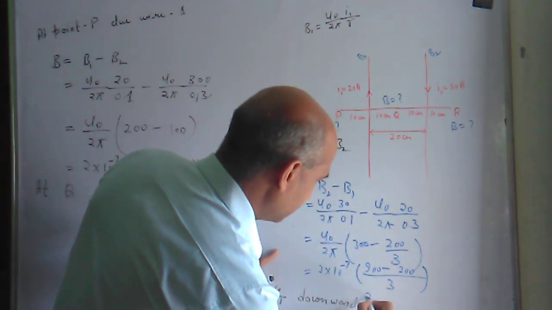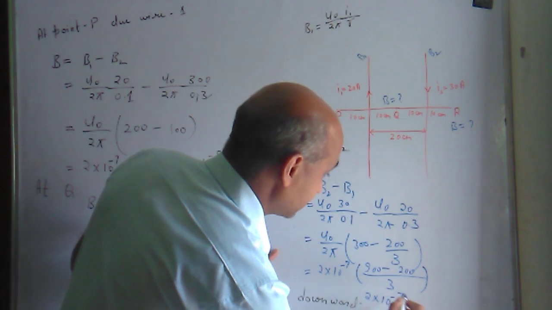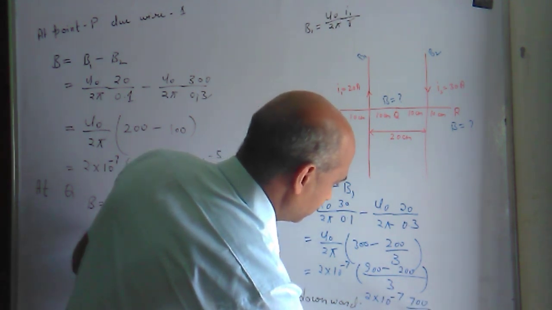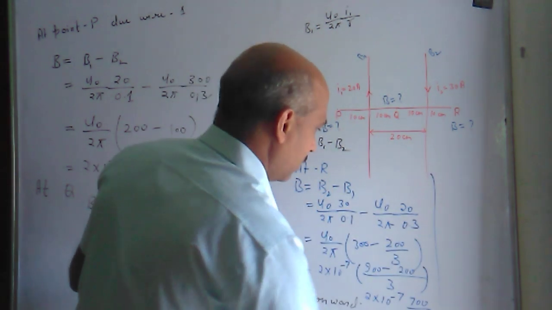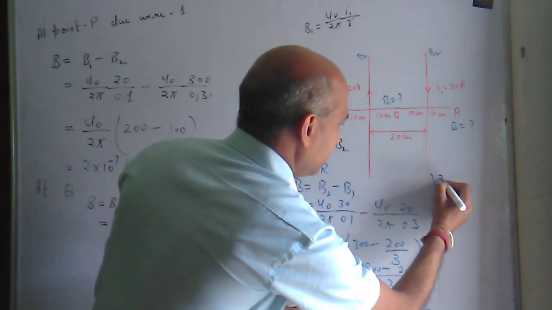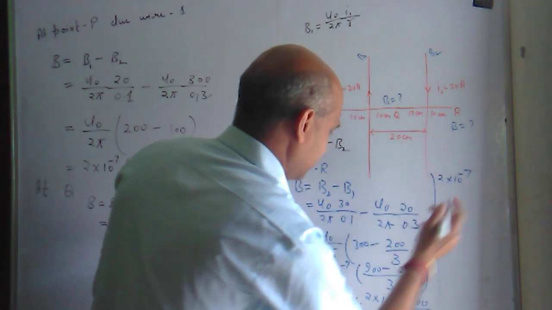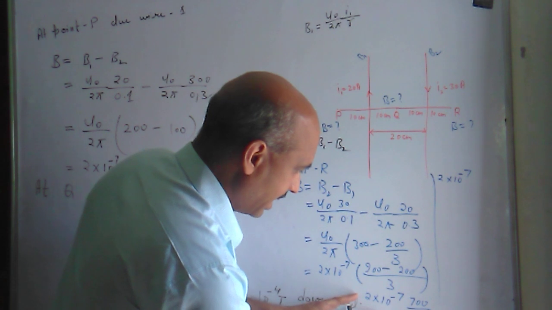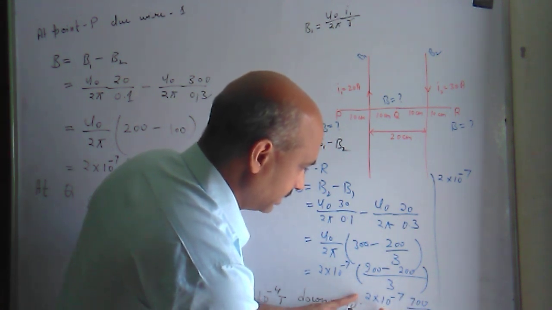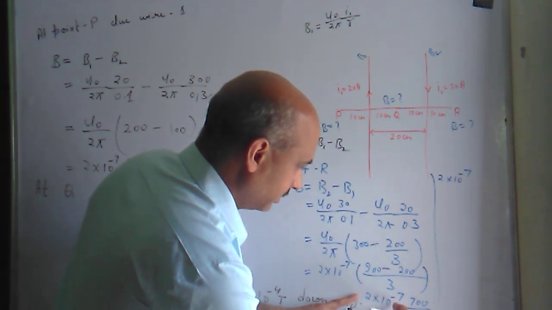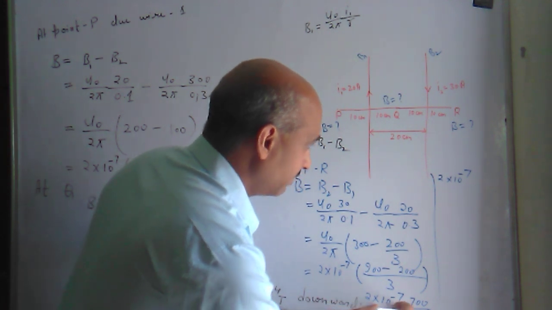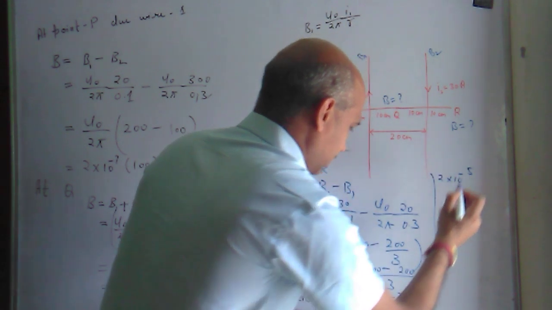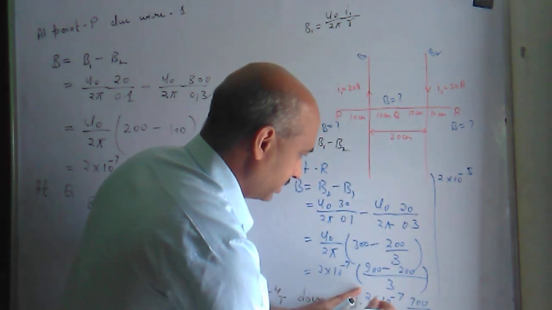It gives me 2 into 10 to the power minus 7, and from here 700 upon 3. On further solving, 2 zeros of 700 get reduced with 10 to the power minus 7, so it will be 10 to the power minus 5, and 7 twos are 14.